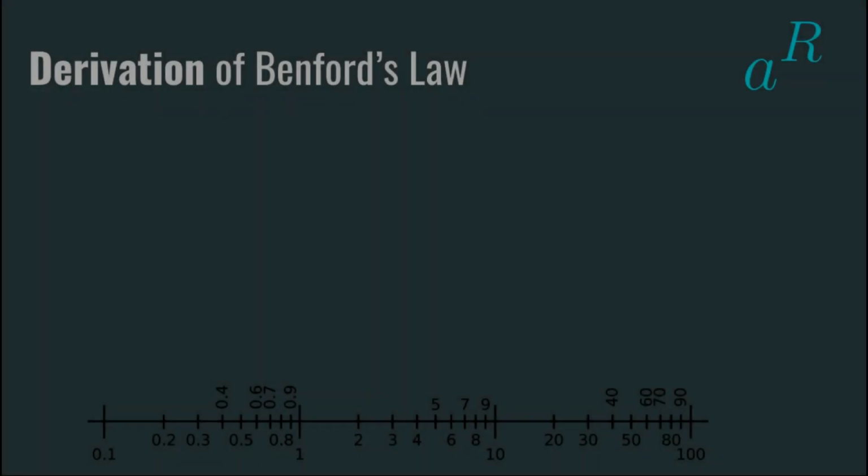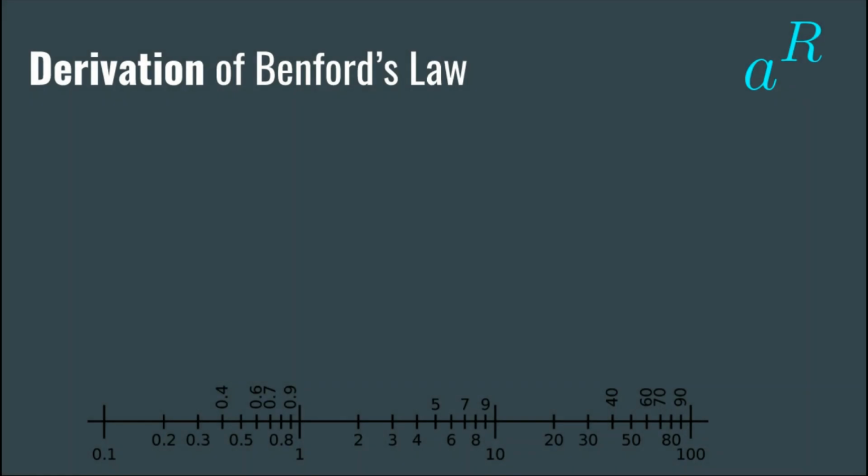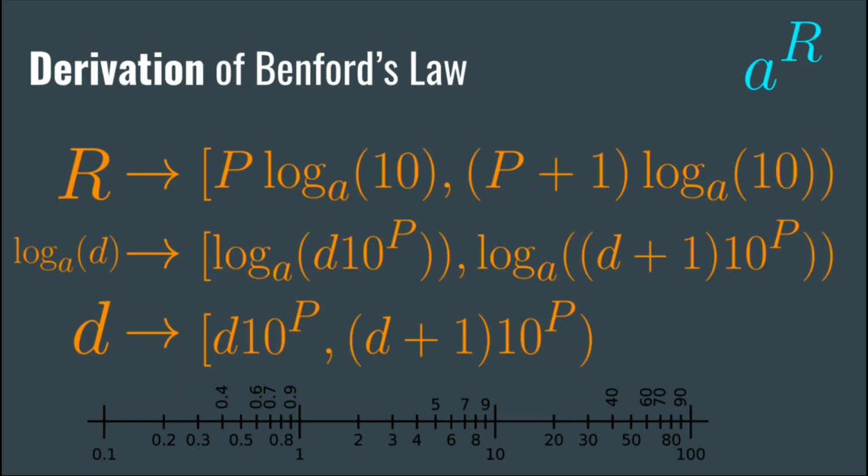To derive Benford's law, we can consider a real number, a to the power of r. Suppose we have a random variable r that is uniform along the logarithmic interval, where p is any integer. The leading digit d is then in between this interval, and this becomes clear when we see the interval for a to the power of r.